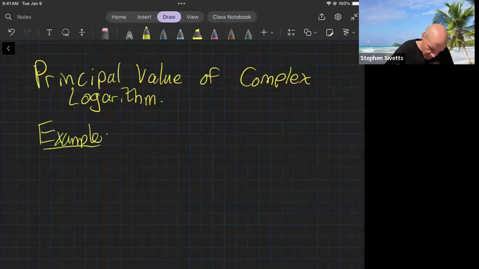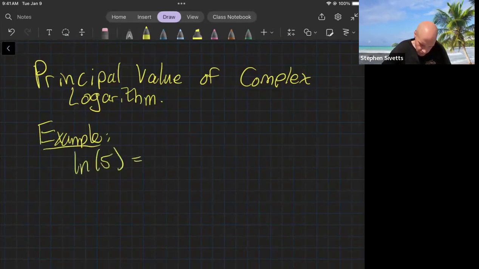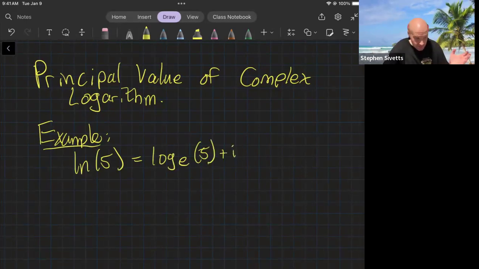As an example, the natural log of 5, right? The natural log of 5 plus 0i. Well, this equals log base e of 5, right? Plus i times, well, the angle is 0, but also any multiple of 2 pi would work, right?